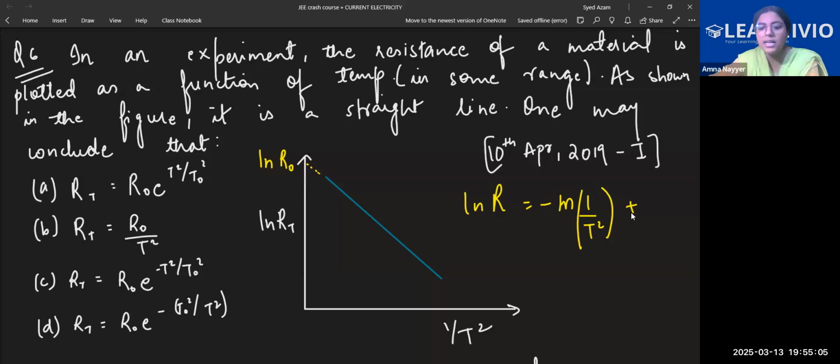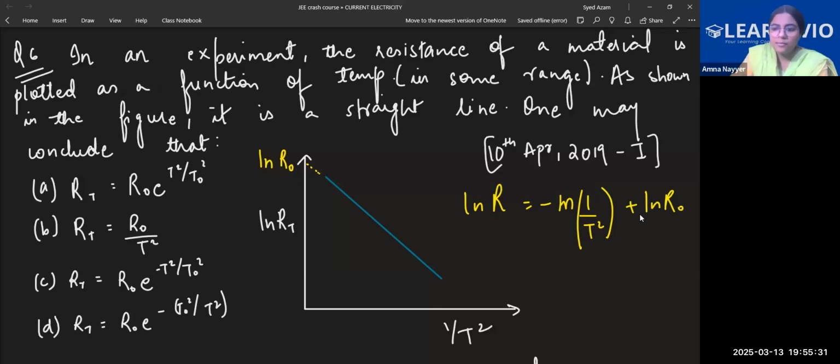C, which is the intercept. What is the intercept that I have taken? Let's say ln R naught. Now we have at least satisfied the equation. Why? Because the question is straight away saying that this is a straight line, so you are also going to use the equation of the straight line. ln R is equal to minus m into 1 by T square plus ln R naught.